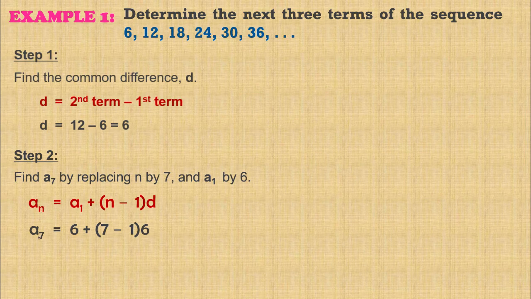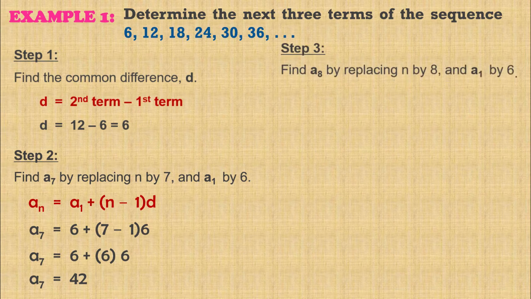So we have a sub 7 equals a sub 1, replace that by 6, plus the quantity 7 minus 1 times 6. So we'll have a sub 7 equals 6 plus 6 times 6. That will be 42.